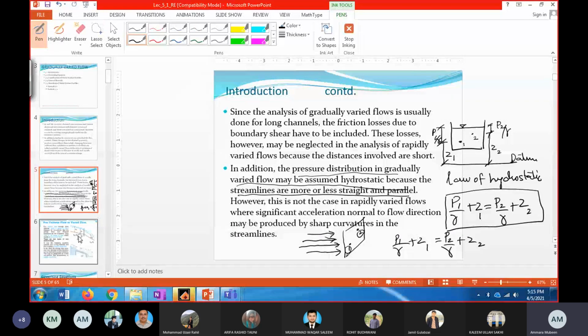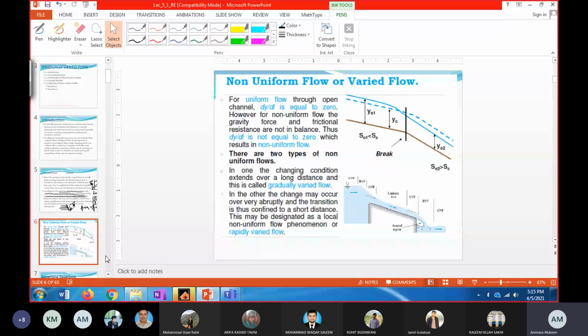Okay. So let's check further some definitions of gradually varied flow and rapidly varied flow, and further classification of flow. You already know that for uniform flow through an open channel, dy by dl is equal to 0.